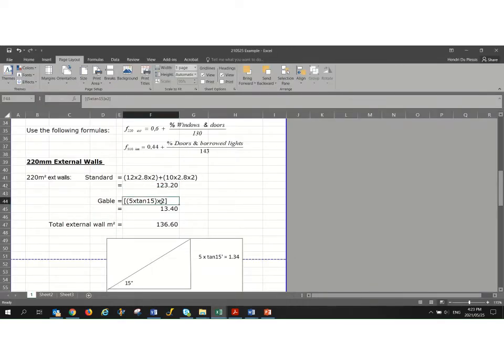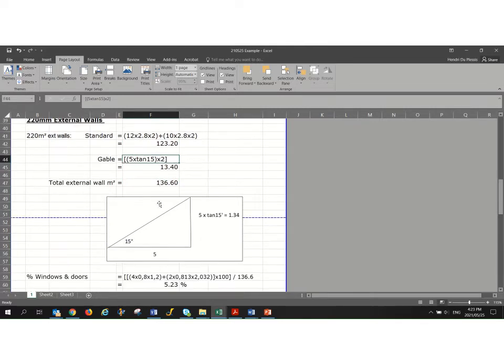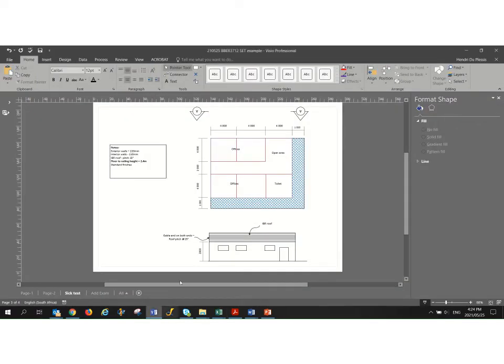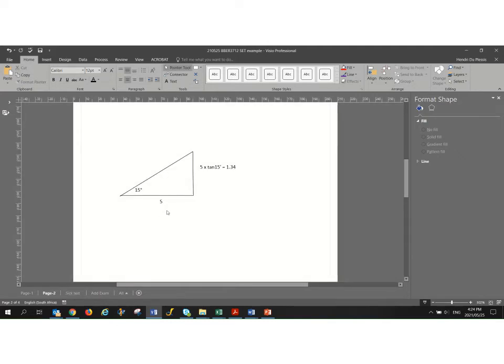And then the gable wall ends, this is where you need to use your trigonometry formulas. So what I've done is, we know that our length on this side wall where the gable wall end is 10 meters. So we want to have a 90-degree angle that we can actually use. Let me just see. Yes, here we go.